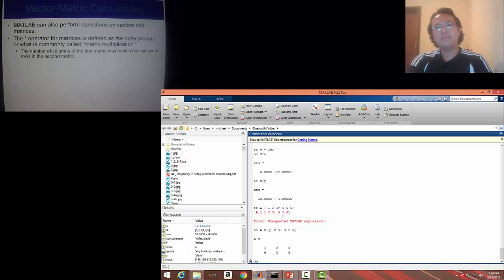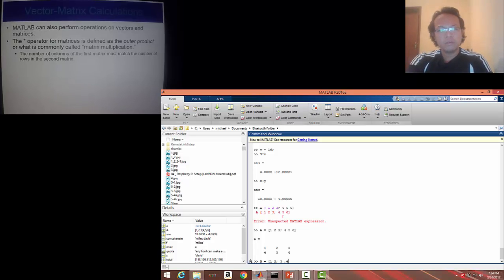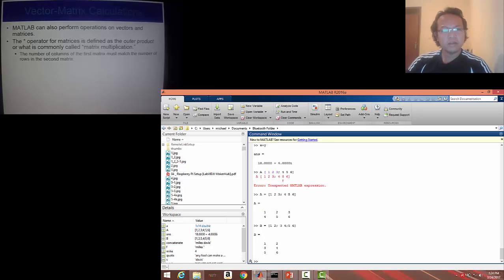Okay, let's say B is equal to 1, 2, 3, 4, 5, 6. This is a 3 by 2 matrix.